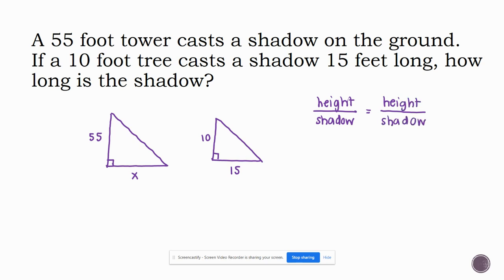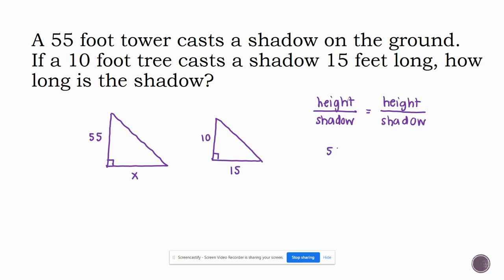So I want to stay consistent. You could technically do height over height and then shadow over shadow, but you just want to be consistent. Whatever triangle you start with, make sure that you consistently use that in the same spot on the top. If you do height over height, whatever height you started with on the top, you then need the shadow of that height on the top. So, like I said, be consistent.